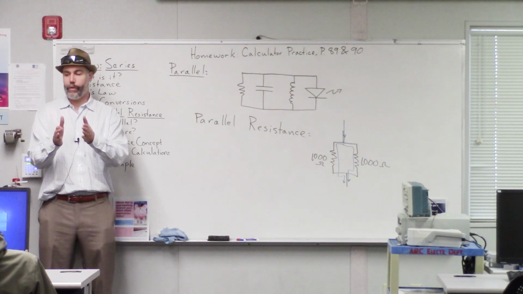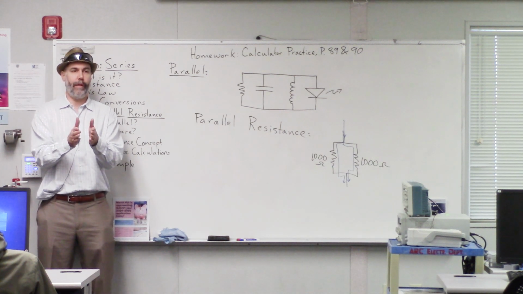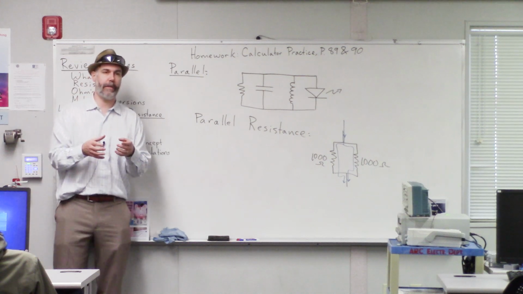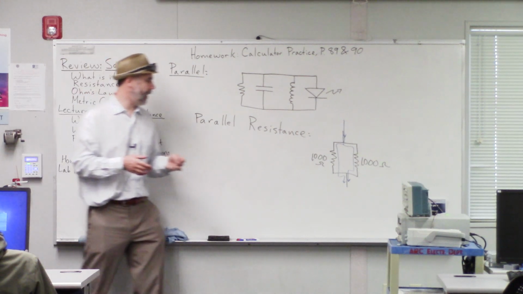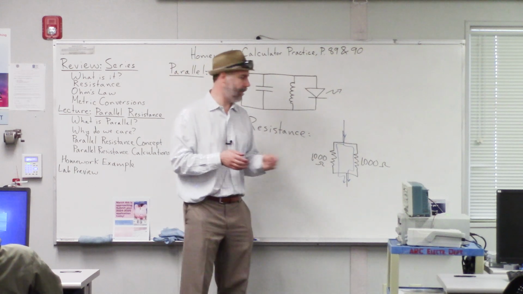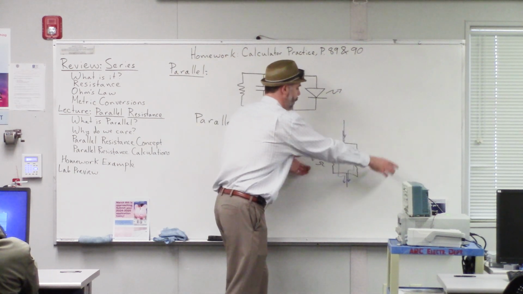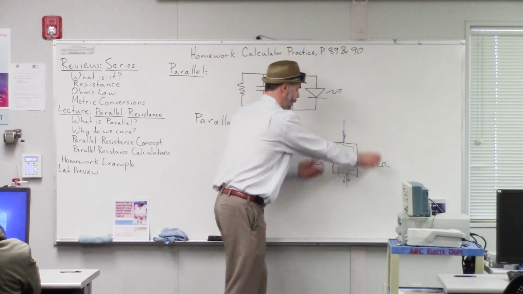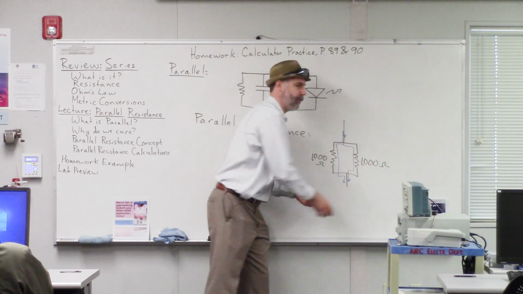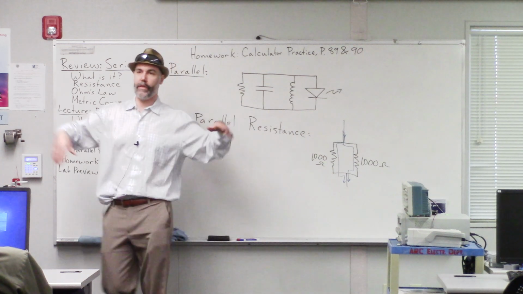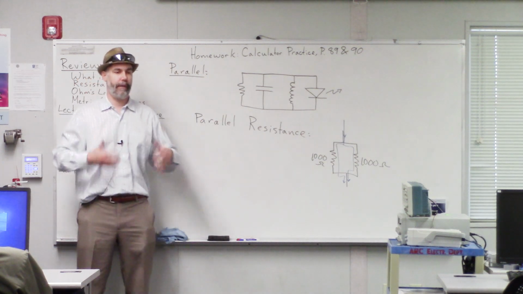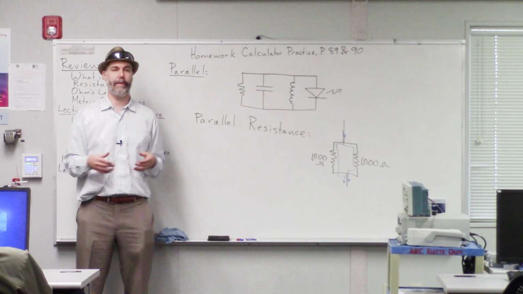So if all the water is flowing through one narrow creek bed, it's going to have kind of a hard time. But then if that creek suddenly comes to a junction and splits off, and now you have 2 or 3 or 4 different little streams for the water to flow down, that water is going to have an easier time moving through those multiple paths.